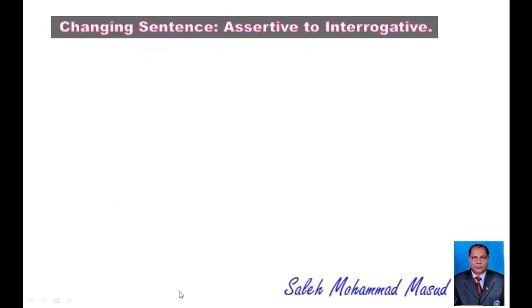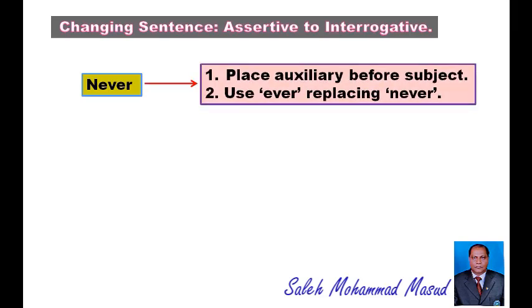Next rule. In a sentence, if we find the word never after the subject, first place the auxiliary verb before the subject and then use ever replacing the word never. Look at the example here.